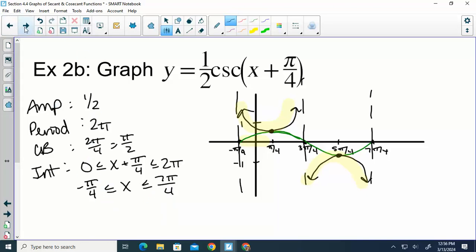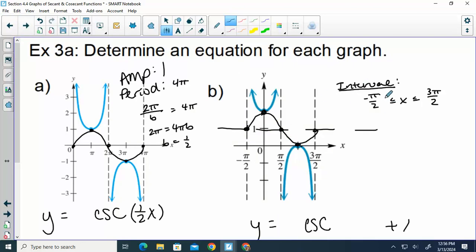So if I want to get this back to 0 to 2 pi, you would have to add pi over 2 to everything. So that'd be 0 less than or equal to x plus pi over 2 less than or equal to 2 pi. So my angle is x plus pi over 2. And then the plus 1 on the end to move up 1.